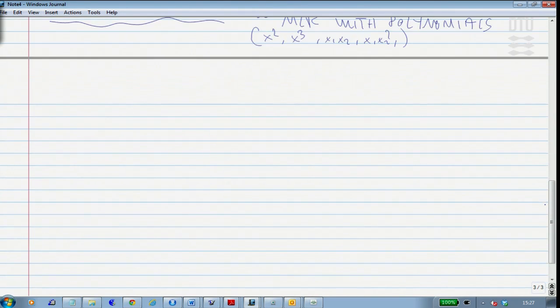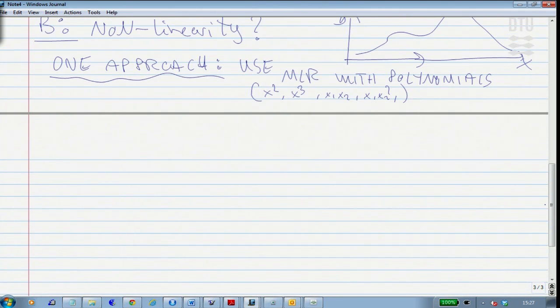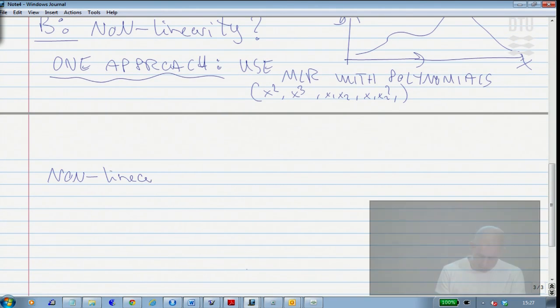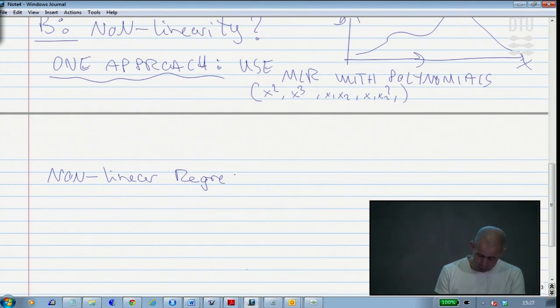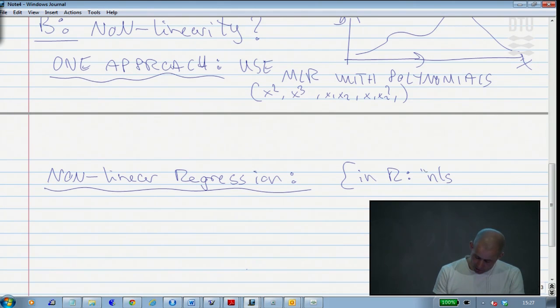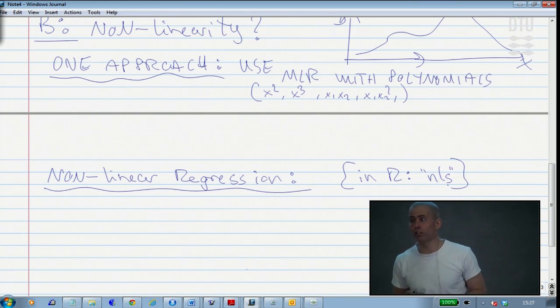Actually, you could be more generic nonlinear and go for what is known as the nonlinear regression approach. And I should say right away, in R, there is an NLS function to be used for nonlinear regression.